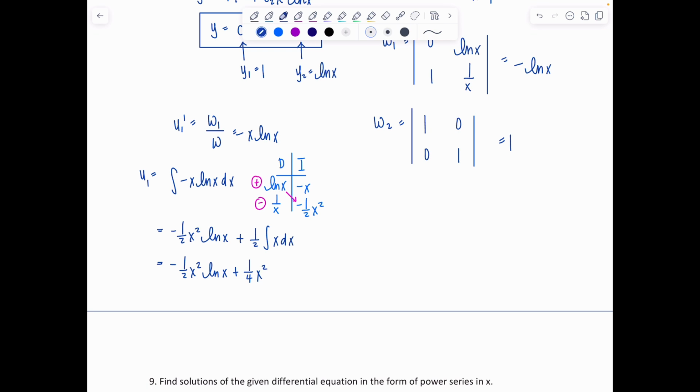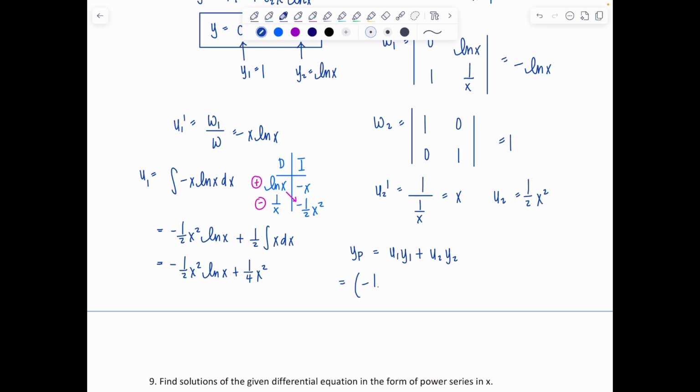And then u2 prime is going to be w2 over w. So that's just x. So u2 is 1/2 x squared. Okay, so particular solution yp is u1 y1 plus u2 y2.